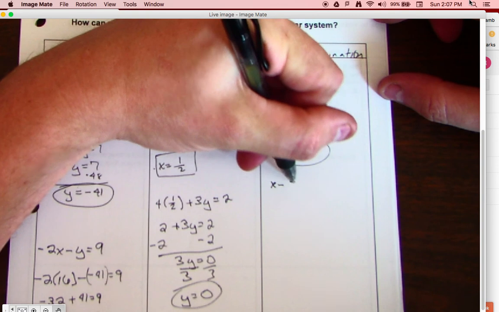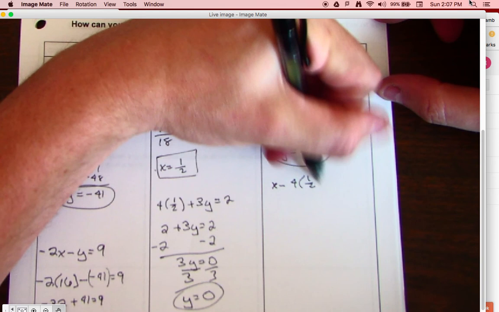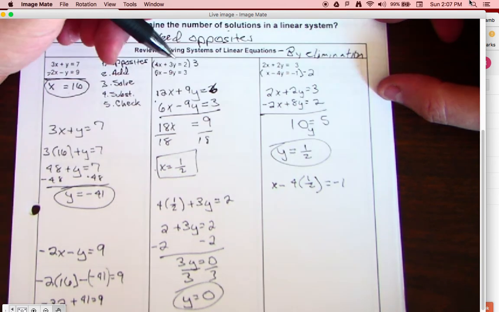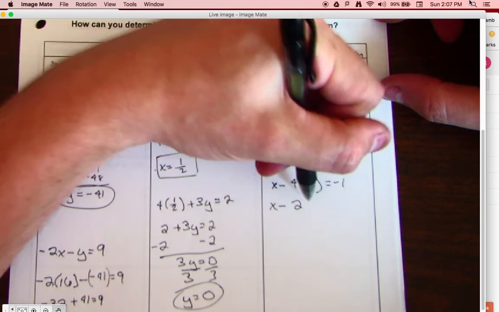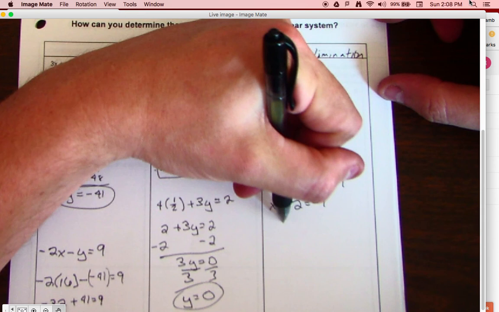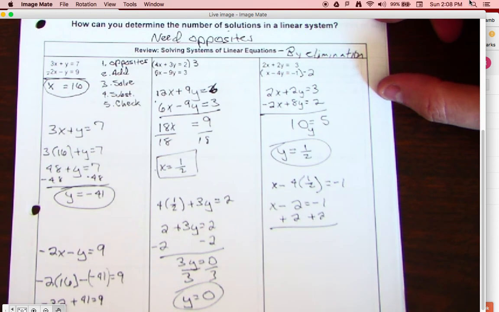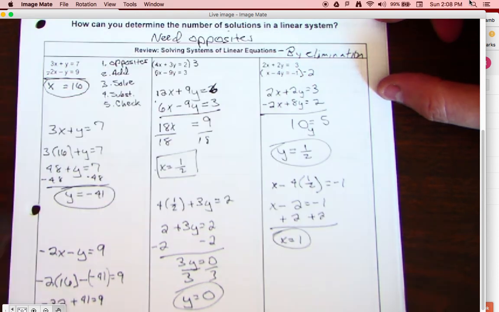X minus 4, I'm going to substitute in for y this time, times 1/2 equals negative 1. Do my algebra. X minus 2, half of 4 is 2, equals negative 1. We add 2 to both sides, and I get x equals 1.